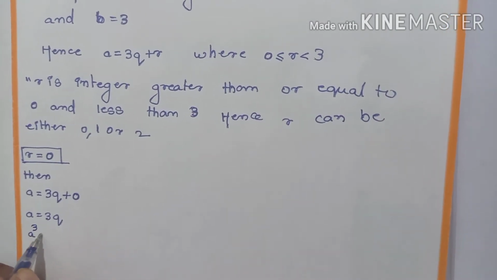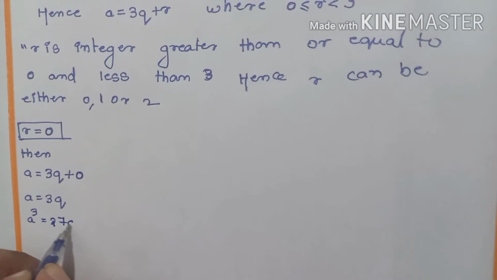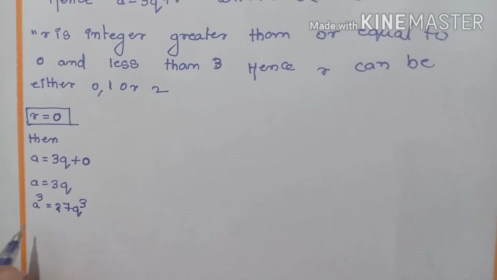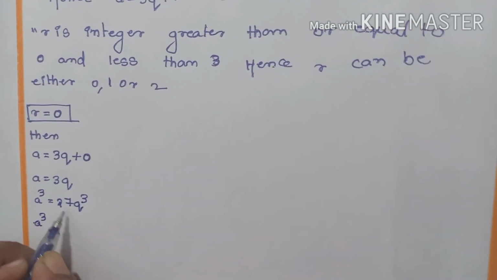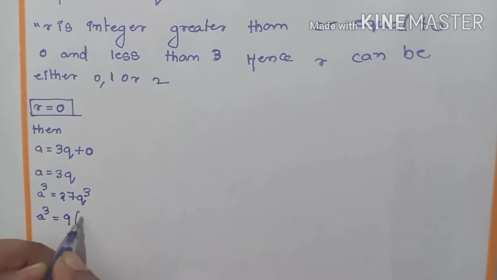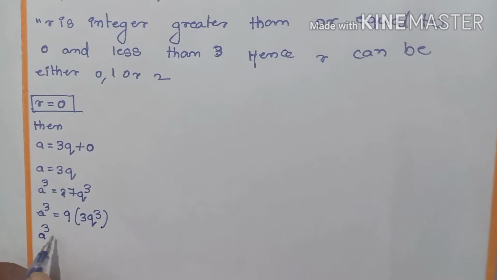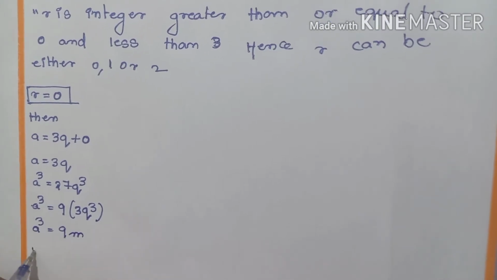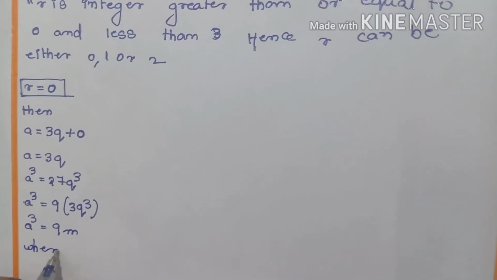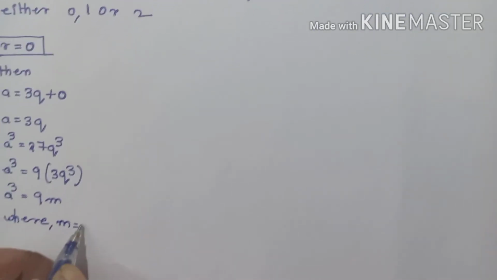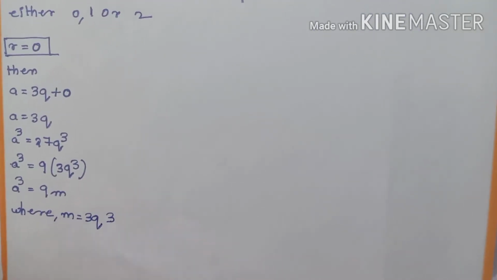That gives us a cube equals 27 q cube. Here 27 can be written as 9 into 3 q cube. Therefore a cube is 9m, where m equals 3 q cube.